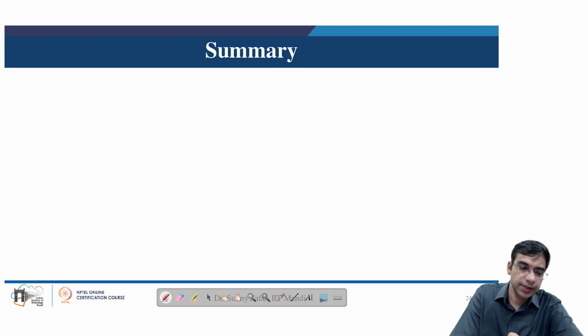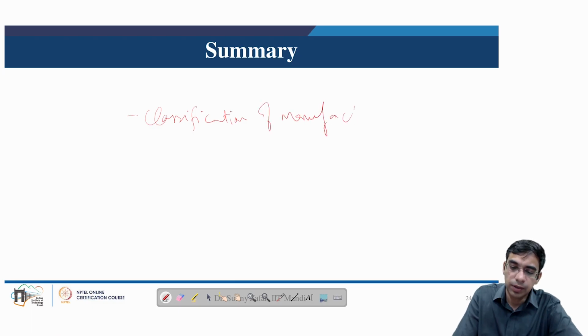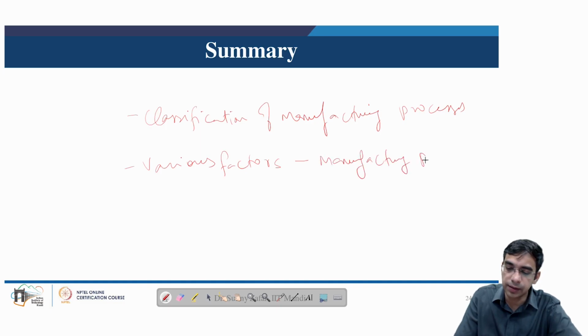So in summary of today's lesson, we have seen the classification of the manufacturing processes of polymer matrix composites. We have understood various factors which influence the choice of manufacturing process selection.